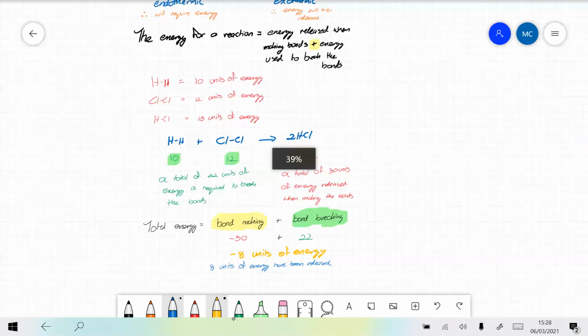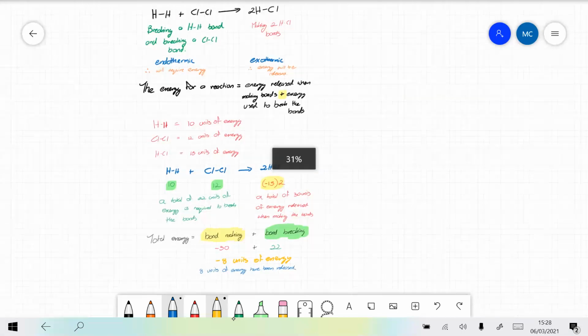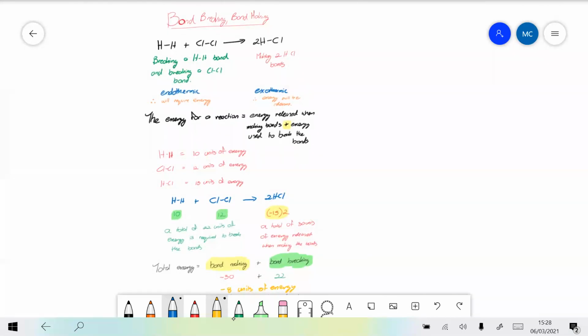Okay, so let's actually rephrase. Every single reaction, you first need to break the bonds, then you are going to make bonds. To break the bonds, you require energy, whereas to make the bonds, you will release energy.